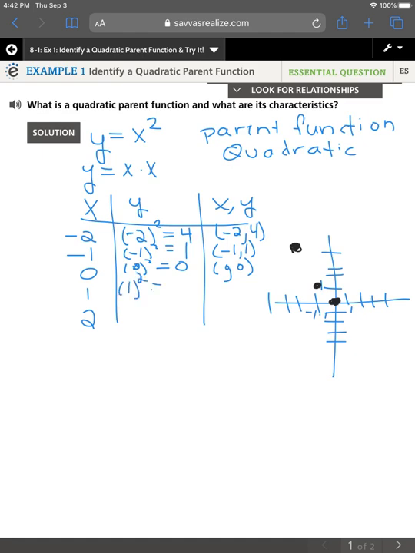Well, 1 times 1 is just 1. So we have the point (1, 1). That is right there. As you can see, this is turning out to be very similar to the absolute value function. So the last one is 2 times 2, which is 4. So now we find that.